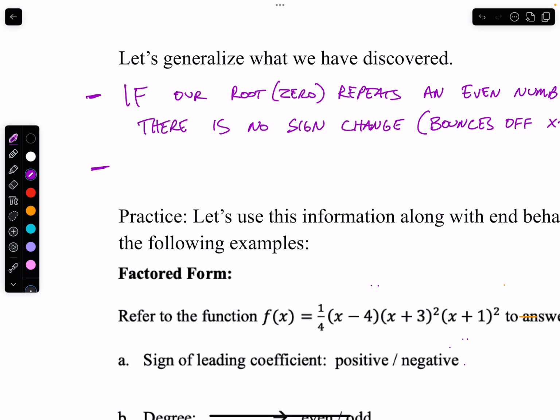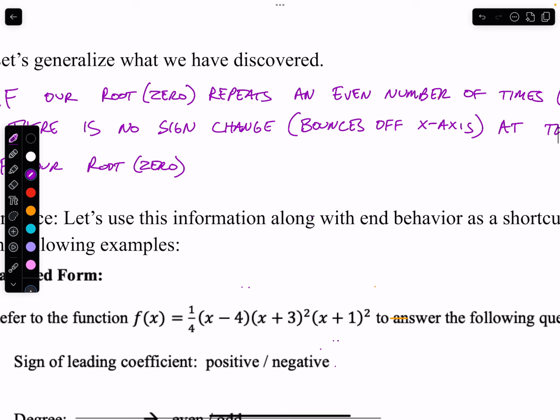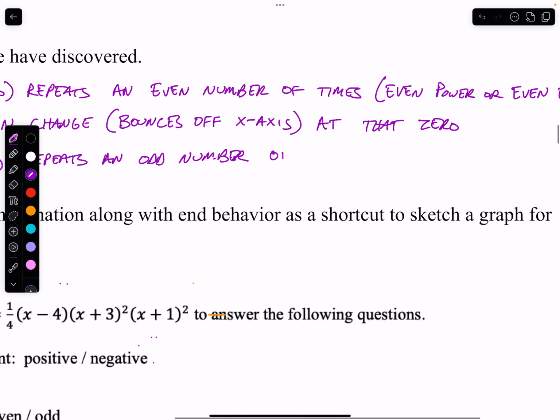Then the second scenario is if our root or 0 or x-intercept, whatever you want to call it, repeats an odd number of times, that means it would be an odd power.